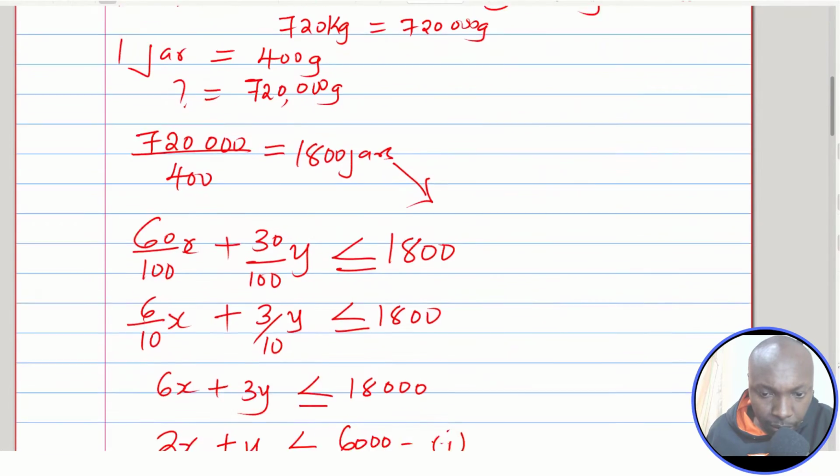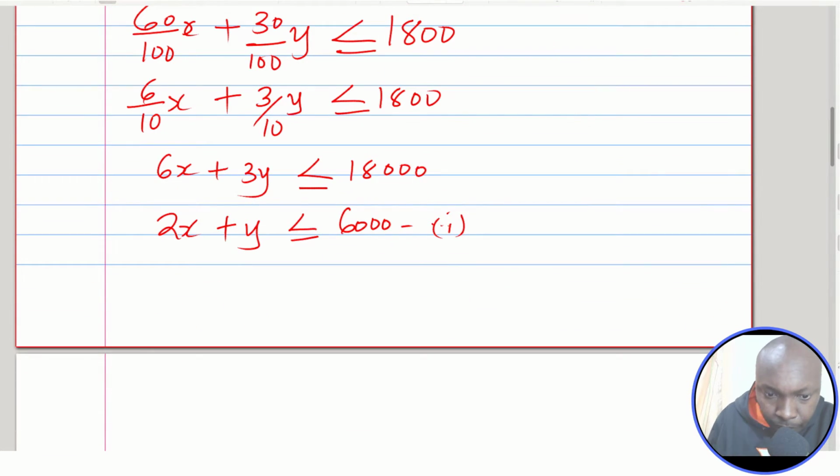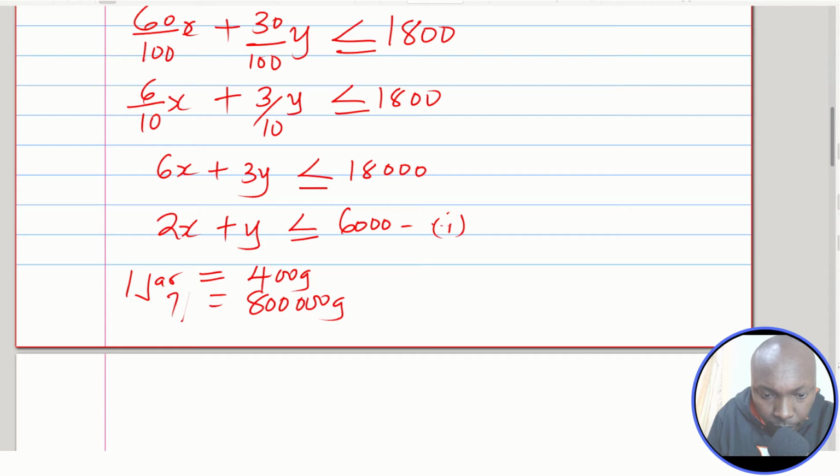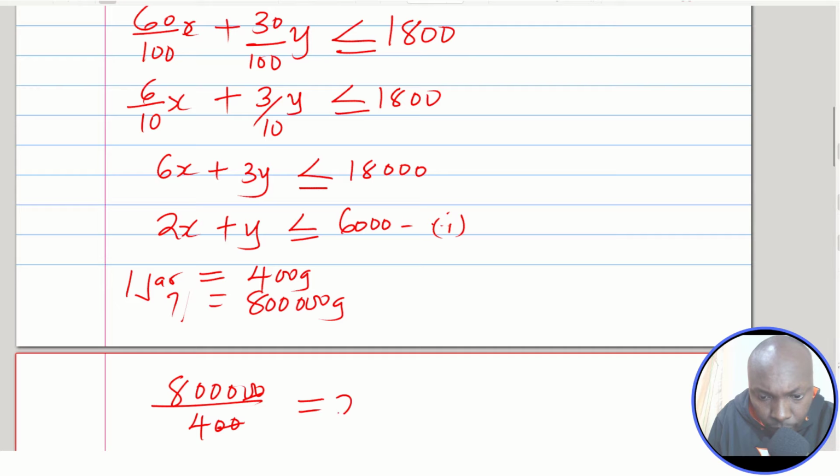So you go back to where we said that one jar should have 400 grams. So what about 800 kg? 800 kg is the same as 800,000 grams. When you divide 800,000 grams by 400, this will give 2,000 jars.